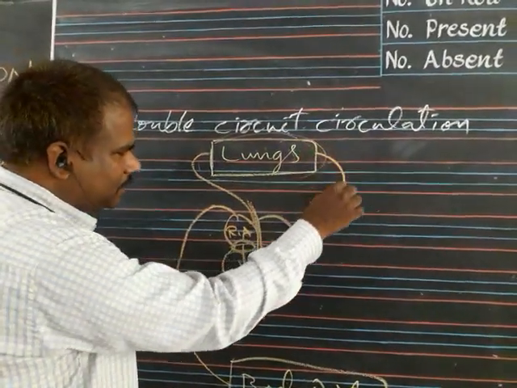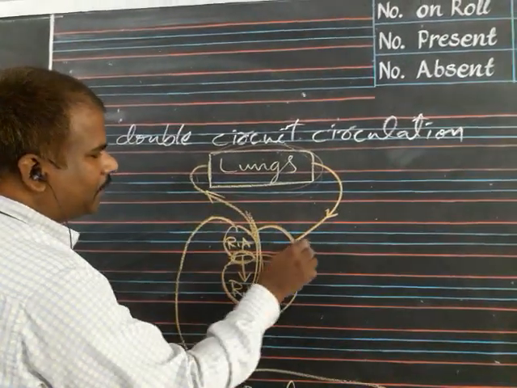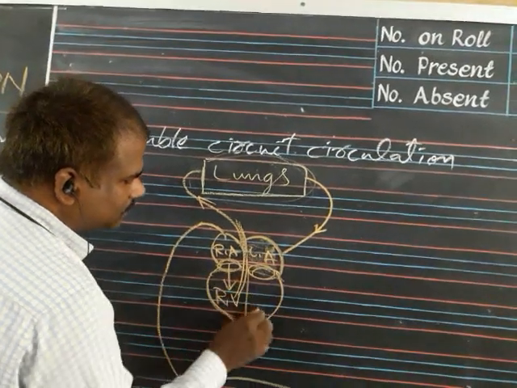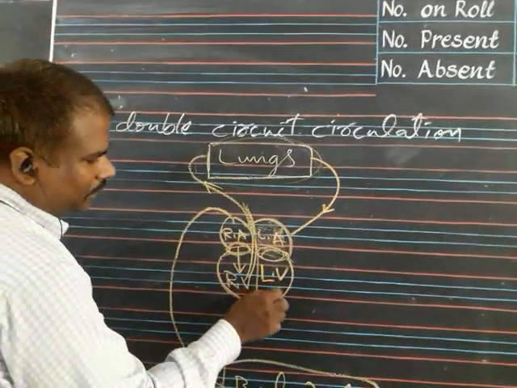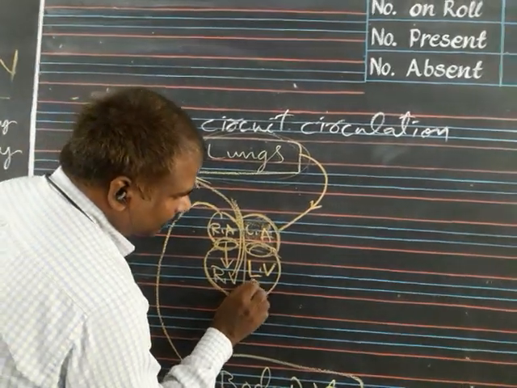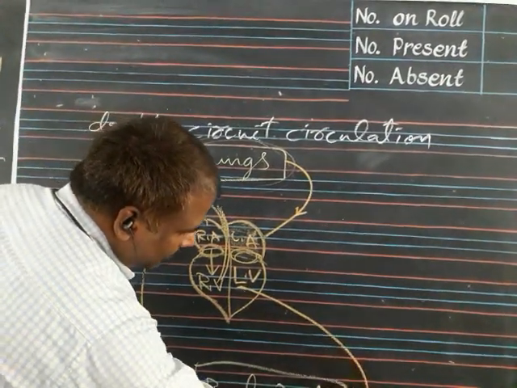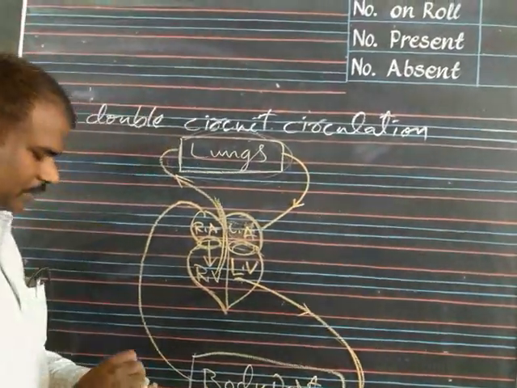The lungs give oxygenated blood to the pulmonary vein, and the pulmonary vein carries it to the left auricle. The left auricle opens to the left ventricle, and from the ventricle through the aorta, oxygenated blood is sent to all parts of the body.